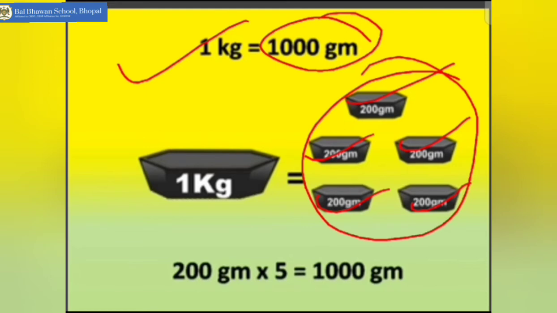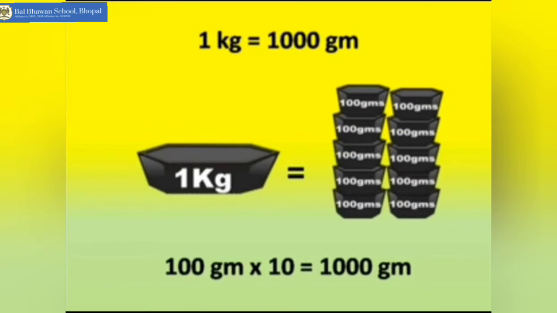When we have 5 metal blocks of 200 grams, it gives us a total of 1000 grams, which is considered as 1 kilogram. So now we know that each 1 kg has 1000 grams in it.